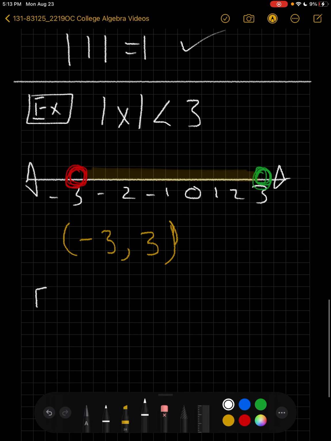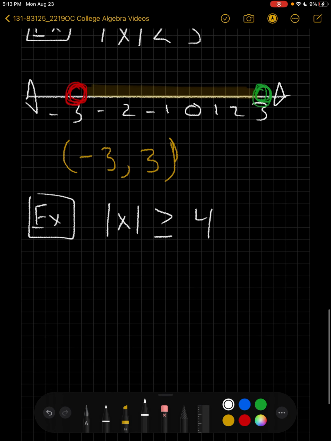Let's do an example of something where we're looking at the distance farther away. Let's say the absolute value of x is greater than or equal to, let's say, 4.